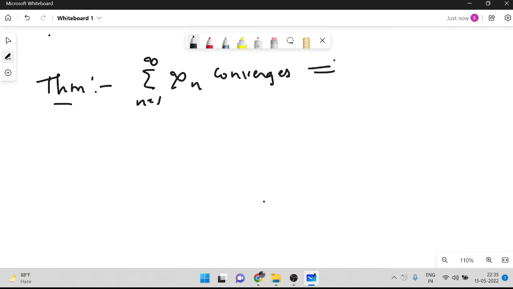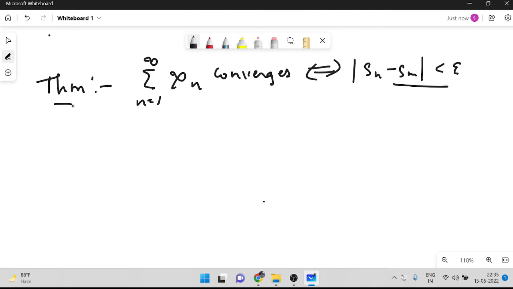So now we have a theorem. Sigma n equals 1 to infinity xn converges if and only if mod of Sn minus Sm is less than epsilon.